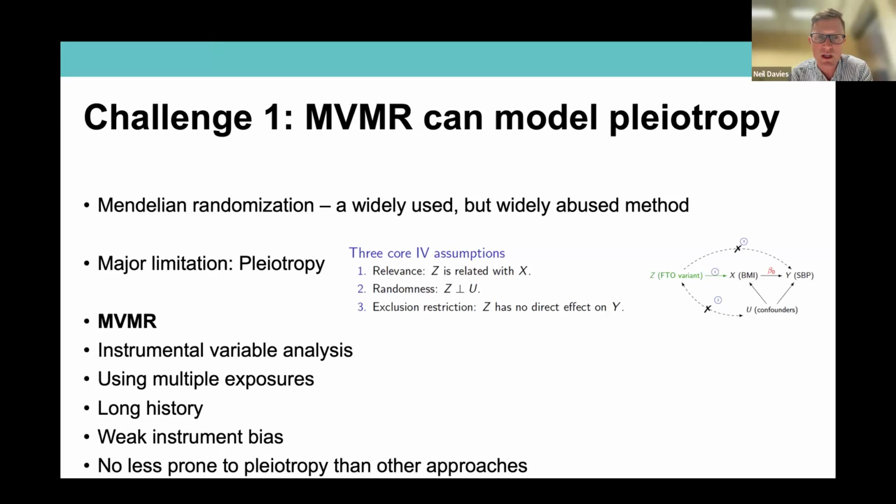So it's got a huge history as instrumental variable analysis. The entirety of econometrics was when it was developed originally, the estimators allowed for multiple exposures. So it's not a huge extension of very widely used econometric techniques.